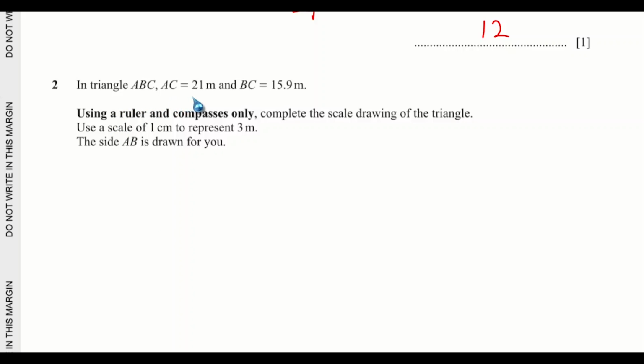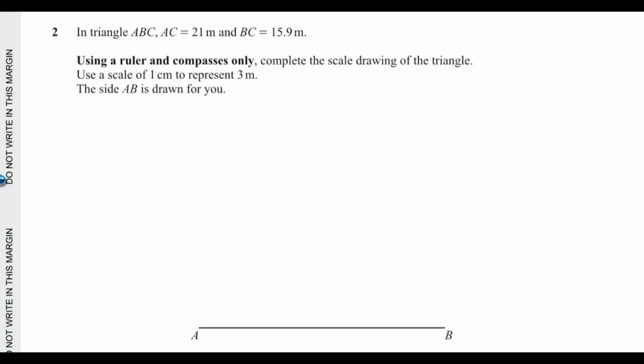ABC, AC equals 21 meters and BC equals 15.9 meters. Using a ruler and compasses only, complete the scale drawing of the triangle. Use a scale of 1 centimeter to represent 3 meters. The side AB is drawn for you.